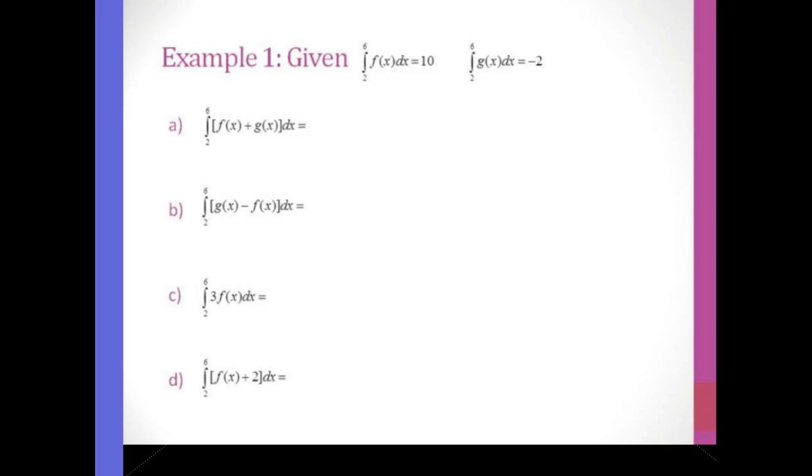It asks, what is the sum of those two integrals from 2 to 6? Essentially you are integrating these as two separate pieces. So you're saying, all right, 10 plus negative 2 is 8.